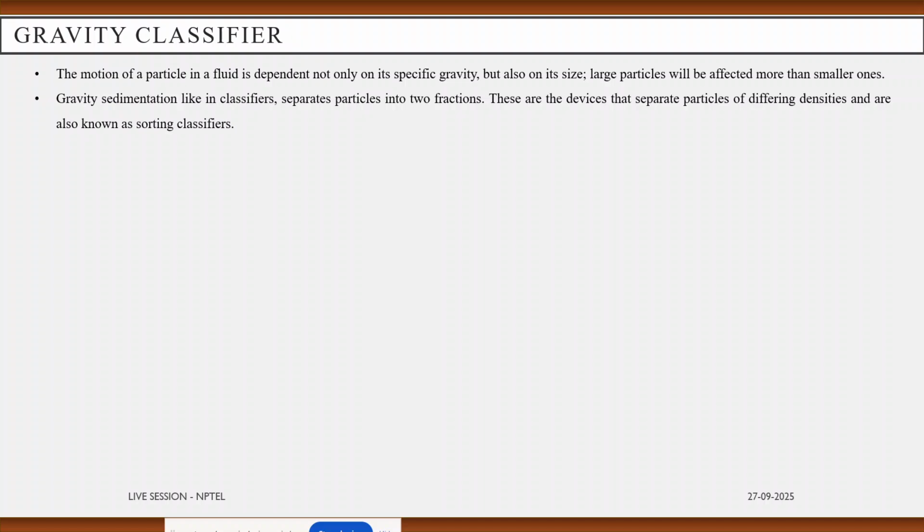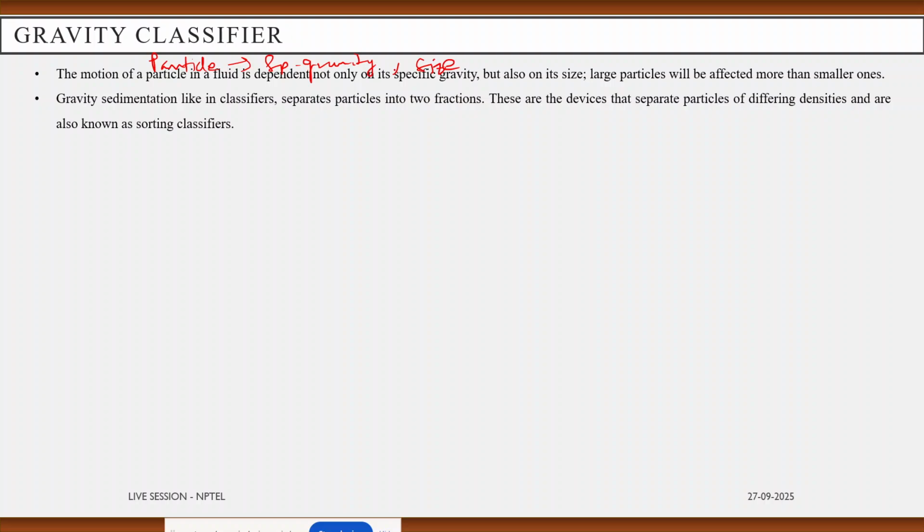So the most important thing that we're going to focus on in today's class is the particle having specific gravity as well as size.